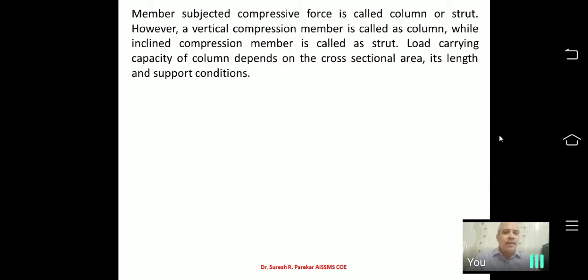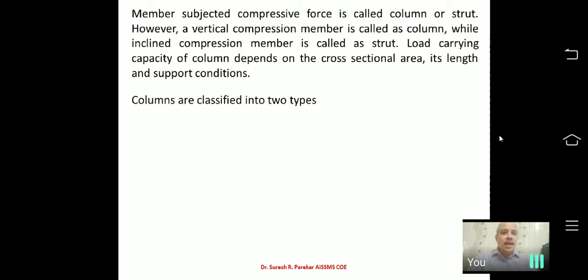Generally when we talk about trusses, we will come across struts, and when we say RCC buildings, we generally have columns.